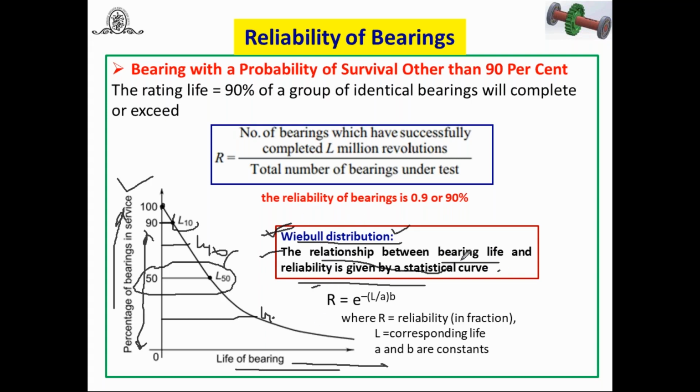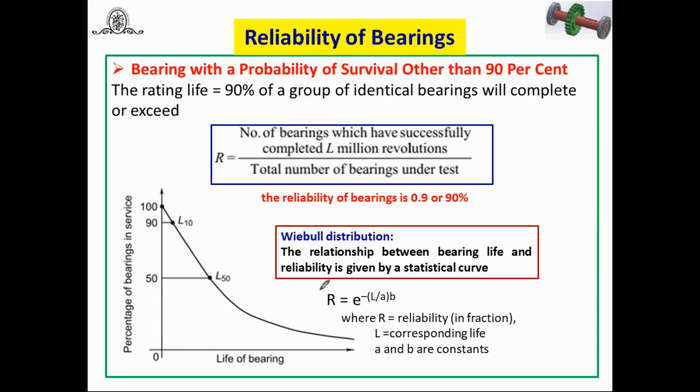According to this statistical curve, the equation is R is equal to e raised to minus (L by A) raised to B.